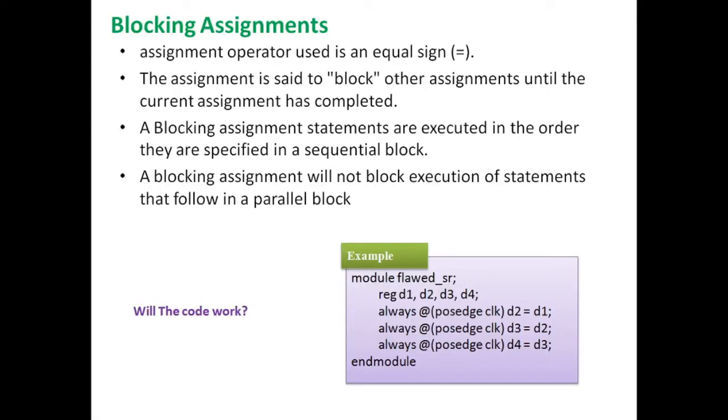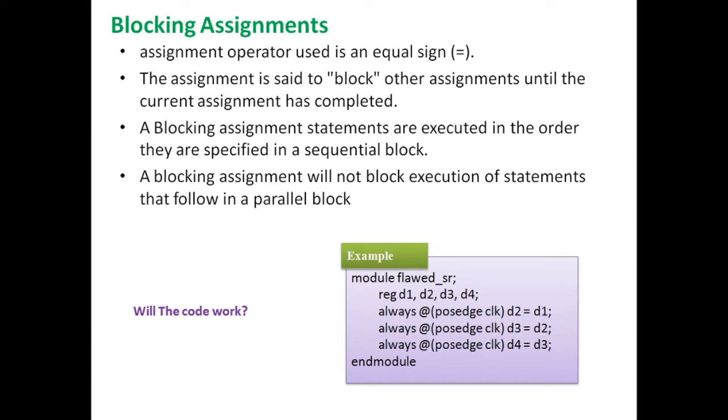So this is the assignment operator, that is, we use the equality sign. What happens in the blocking assignment statements? Normally these are executed in the order in which they are specified in a block. Like this is my block, a sequential block.